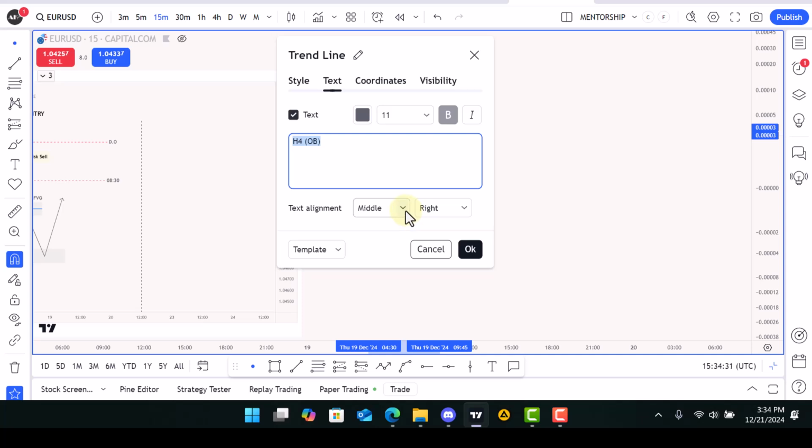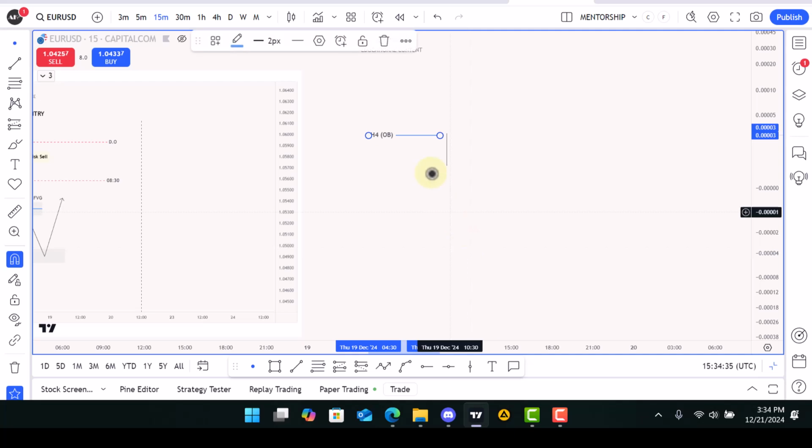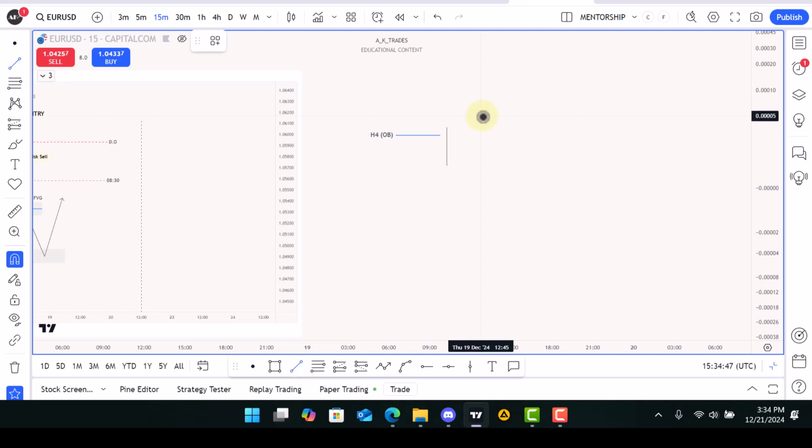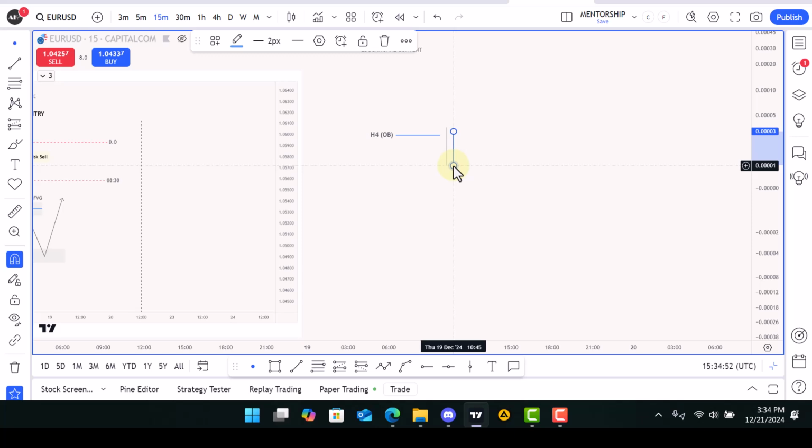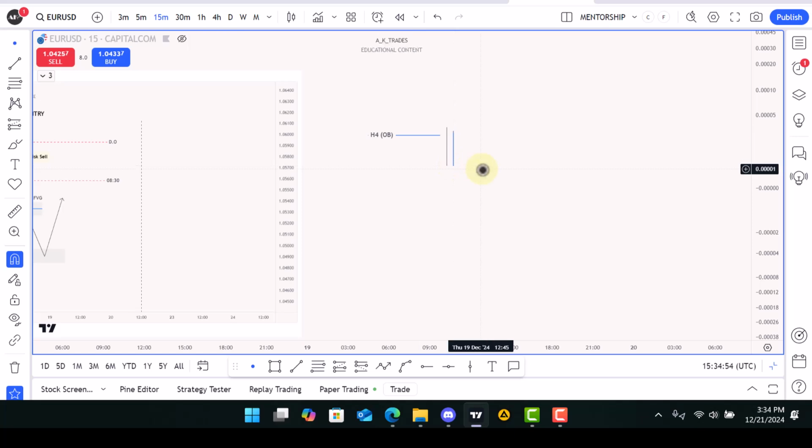Okay, so candle one hits the 4-hour order block like this. We are expecting that candle two will also reverse from the 4-hour order block.